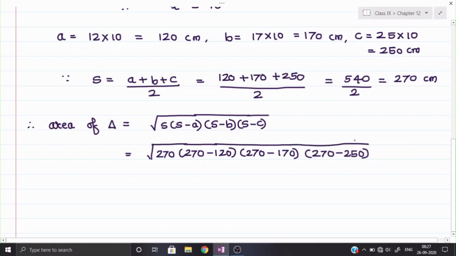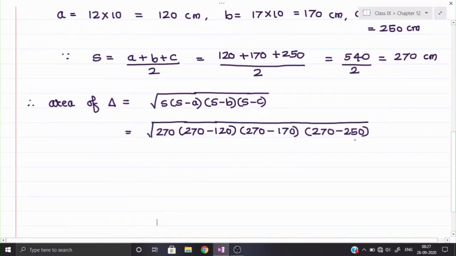Now let us write down the subtraction. 270 will be as it is, 270 minus 120 will be equal to 150, 270 minus 170 will be 100, and 270 minus 250 will be 20.